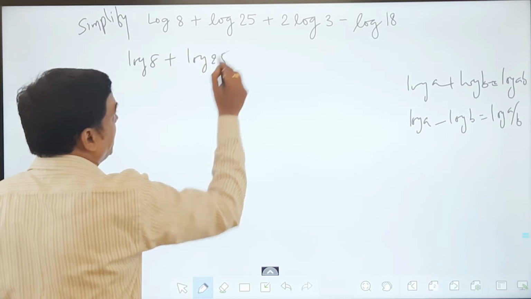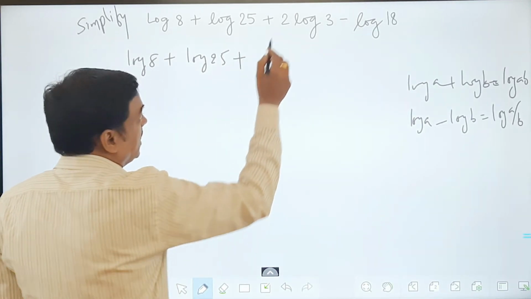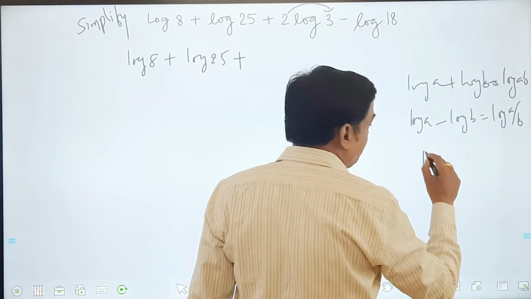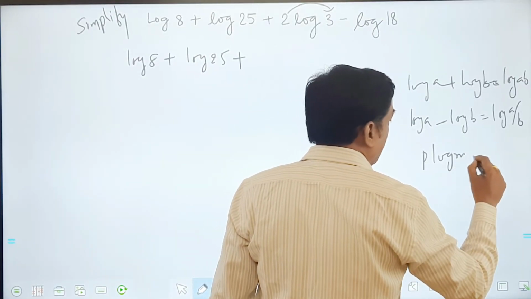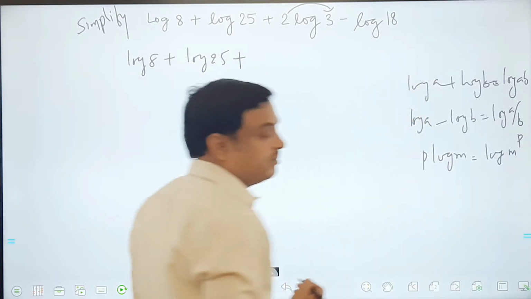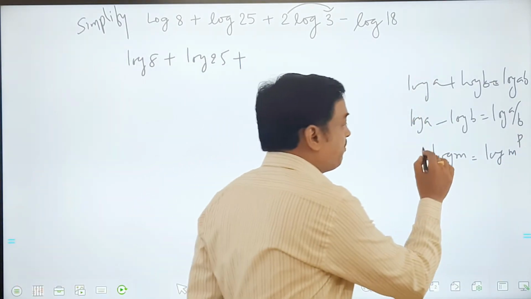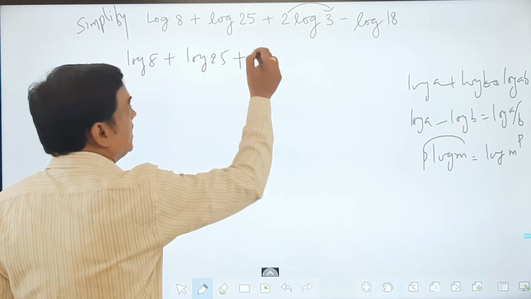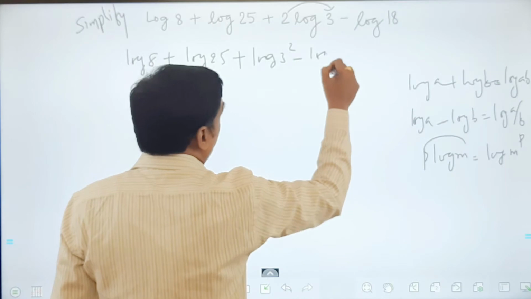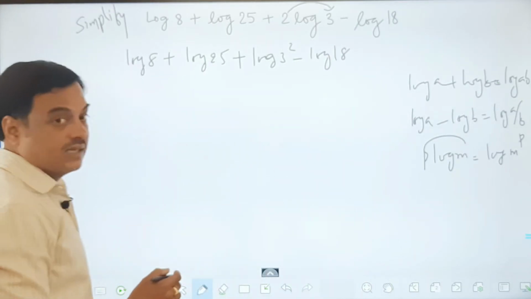Log 25, I'll keep it as it is, plus, this is something like P log M, and that can be written as log M to the power of P. So the coefficient goes as a power. The same thing I'll write here. This can be taken as log 3 square minus log 18.